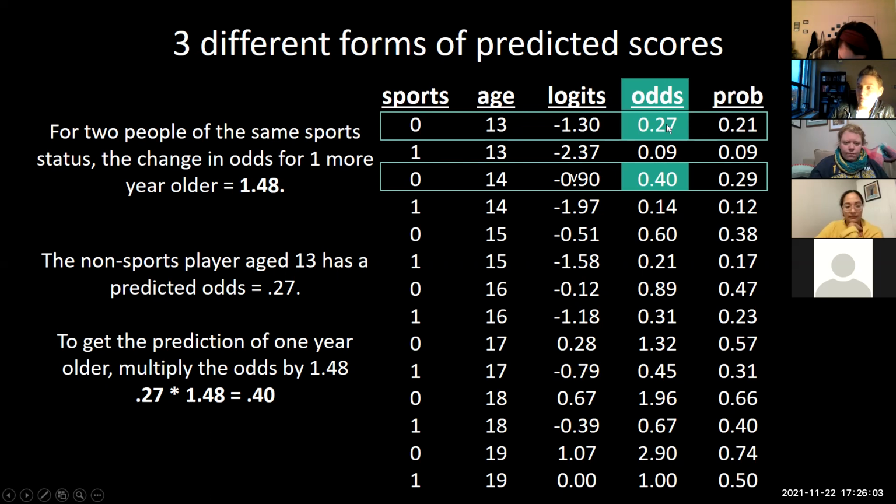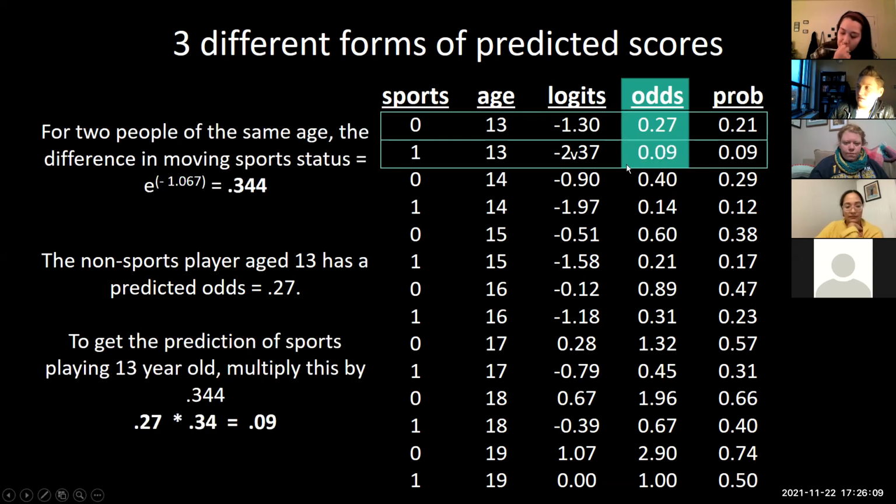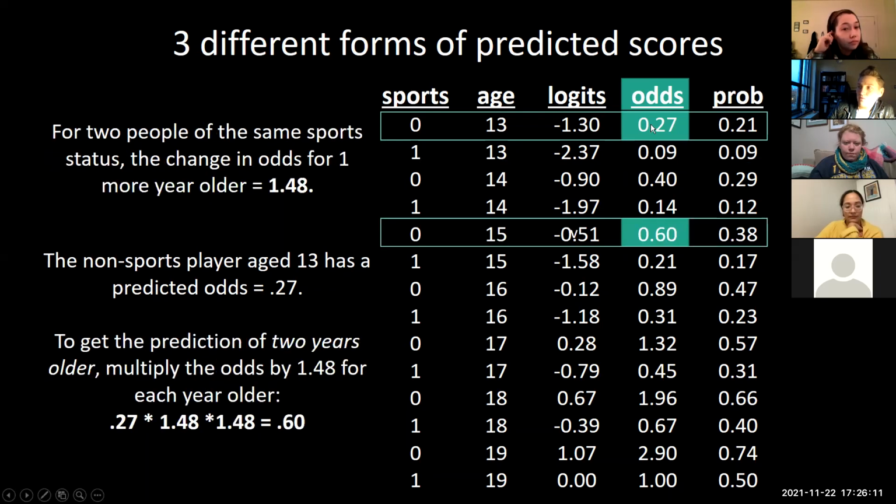I just show you this to show you how this math plays out in terms of our prediction. It goes up by 1.48, but it's going to do it again as I go from age 14 to age 15. As I go from 14 to 15, it goes up again, but instead of going up by just the same number, which is what we were able to do before when we were fitting straight lines in the general linear model, these are exponential, so they're going to increase more as you go up.